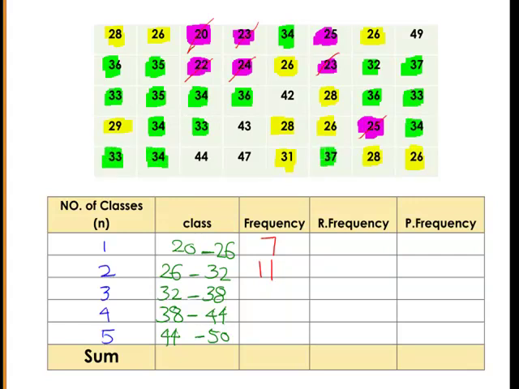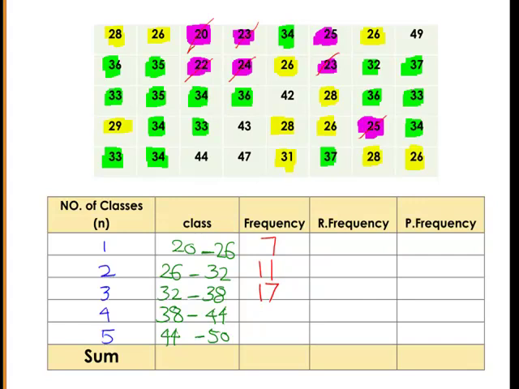Now let's count how many numbers we have. 1, 2, 3, 4, 5, 6, 7, 8, 9, 10, 11, 12, 13, 14, 15, 16 and 17. So the frequency is equal to 17 numbers for the third class.